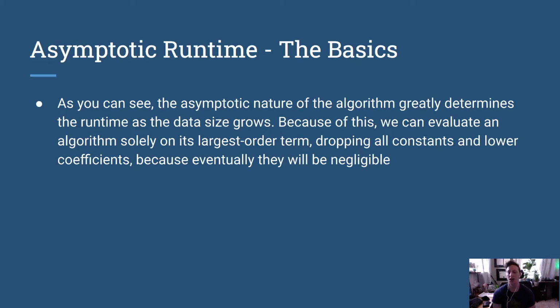If we're classifying our phone book search, which we'll learn the official name for later, as an O of log n algorithm, and you understand what log n means, and we're comparing that to an n squared algorithm, which would be even slower than the linear search we looked at before, now, just with those two terms, we know the basics of how this algorithm is going to perform as our data set grows, and we know which one to choose.